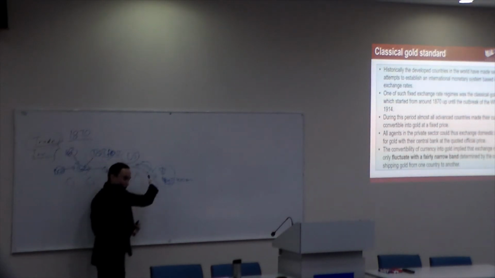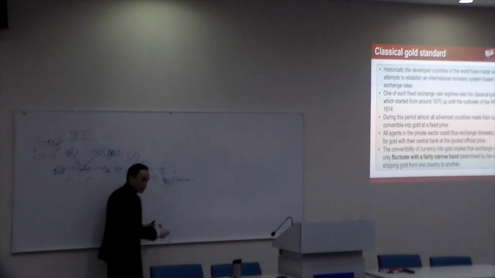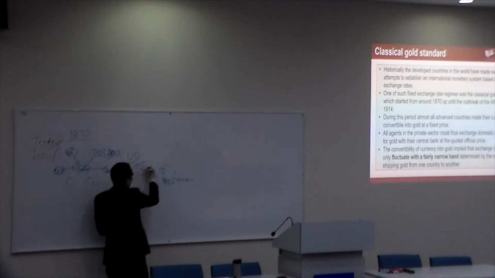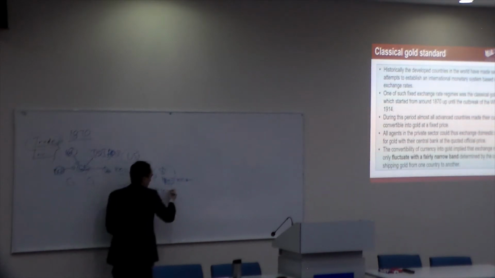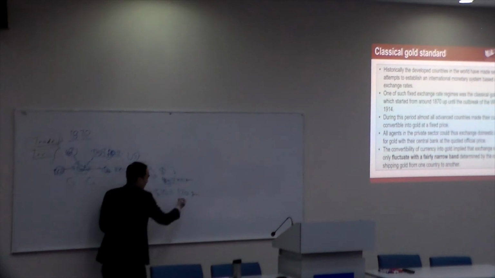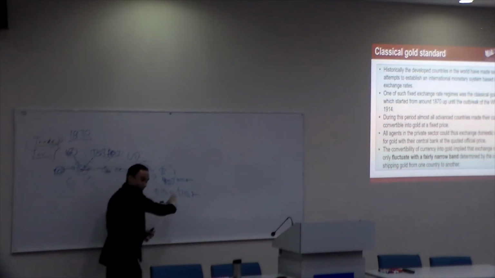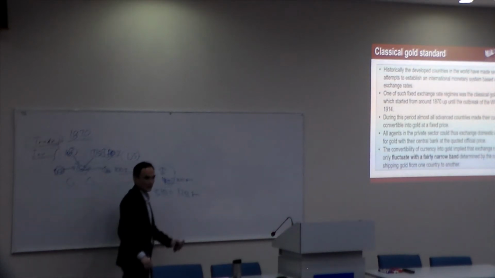There is transportation cost. Based on this transportation cost, the US dollar could get appreciated or depreciated. Let's say that cost was $20. If you would like to buy $10, it would cost you 120 soon. It appreciated by $20 because of this cost. It was added. So it was this kind of system.